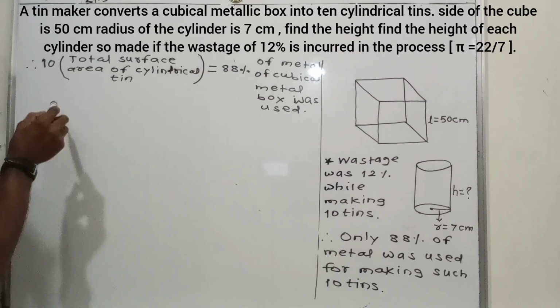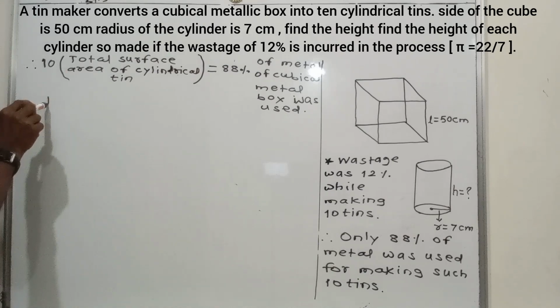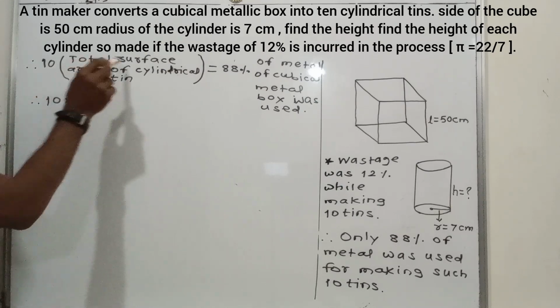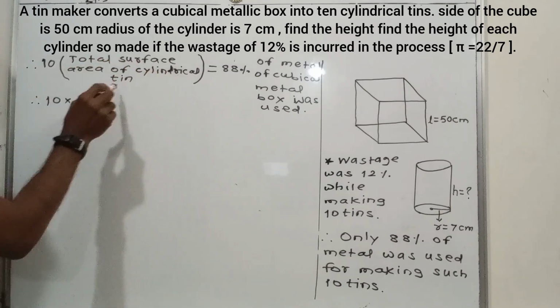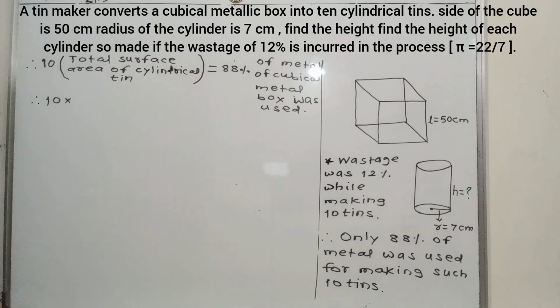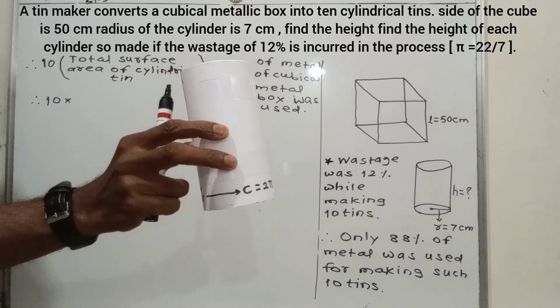Okay, therefore here, 10 into total surface area of cylindrical tin or cylinder. See this cylinder.